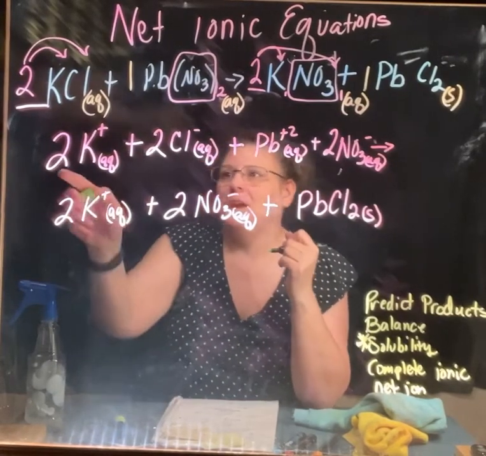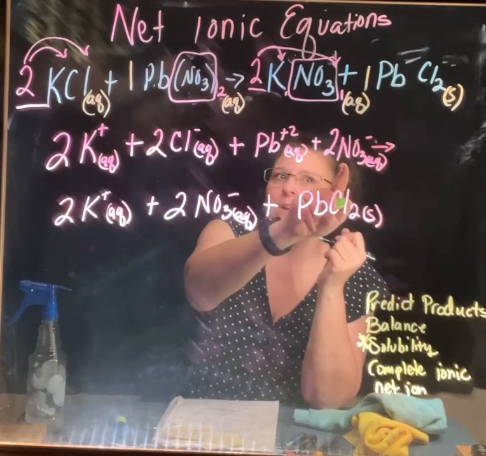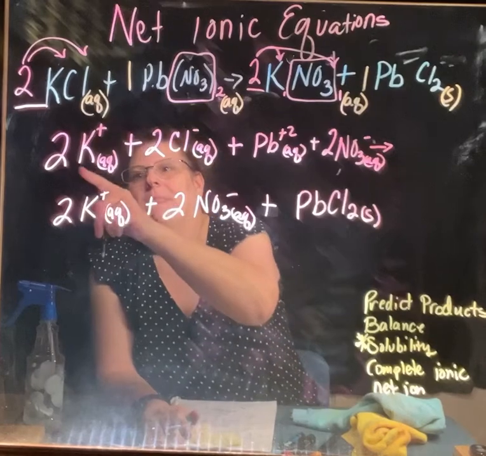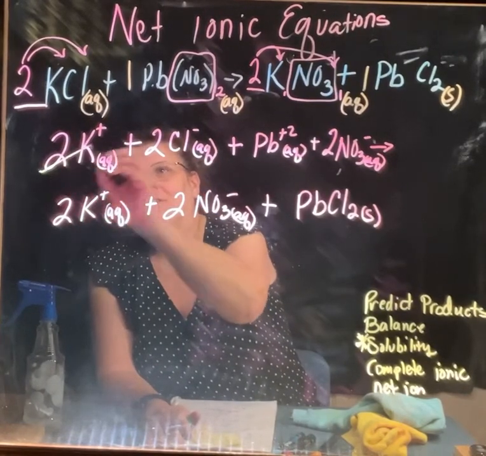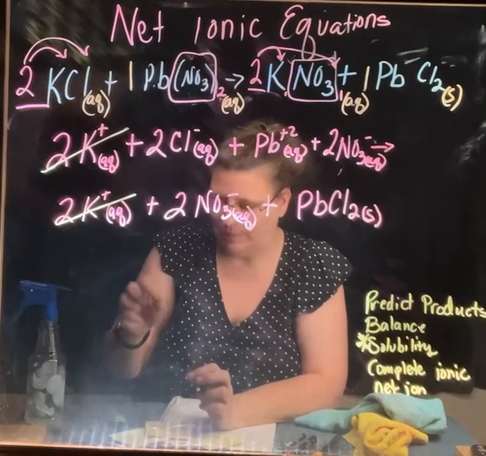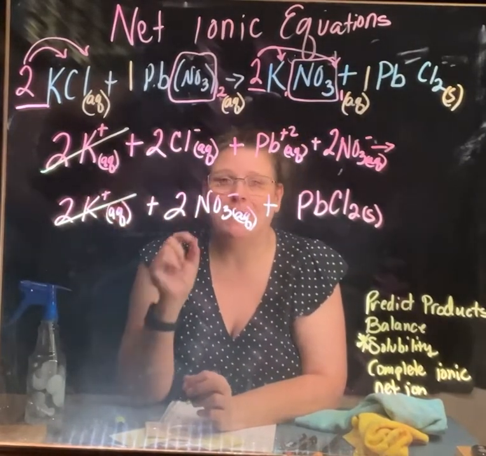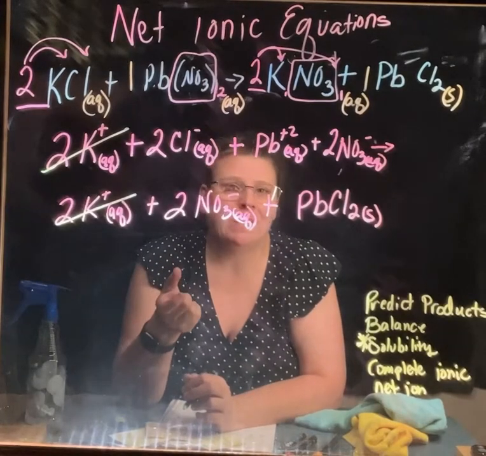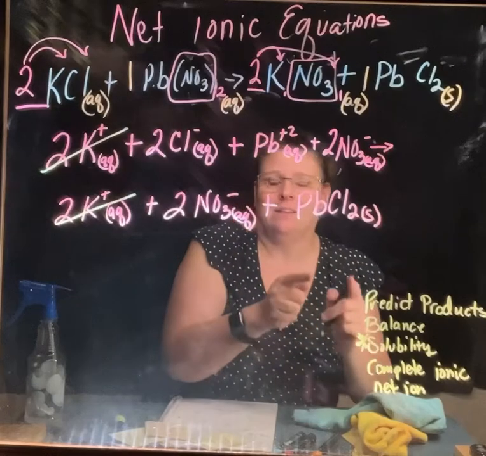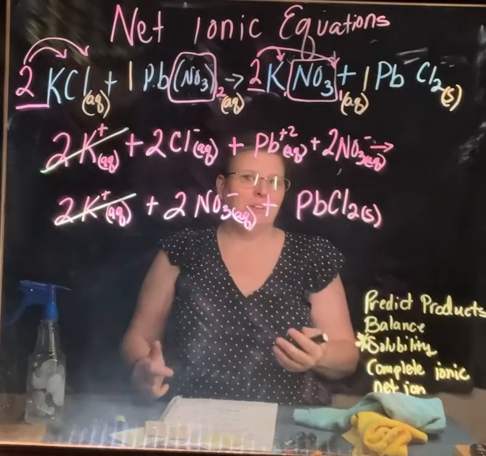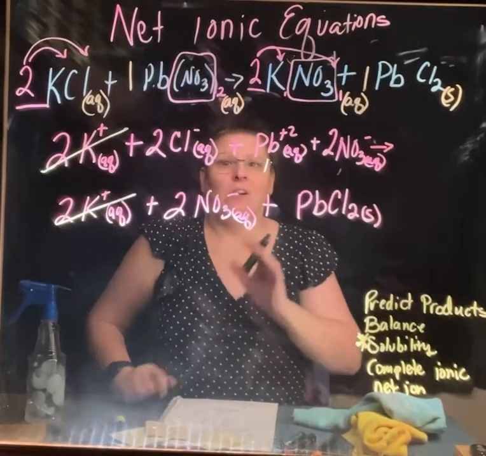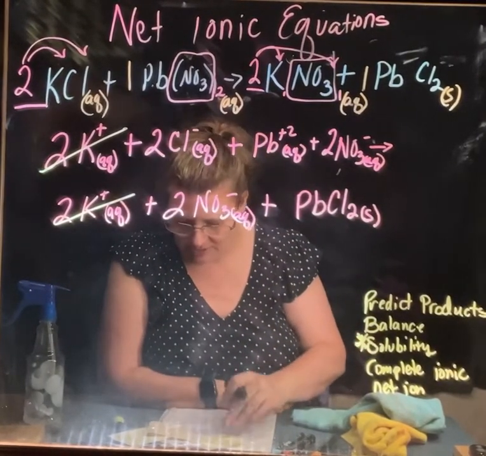For instance, these are my reactants and these are my products. I have 2 potassium here, and they are what we call spectator ions. What is a spectator ion? A spectator ion is not involved in making the solid. So what we're doing with the net ionic equation is basically describing which ions created a solid or a liquid. So here's another one.